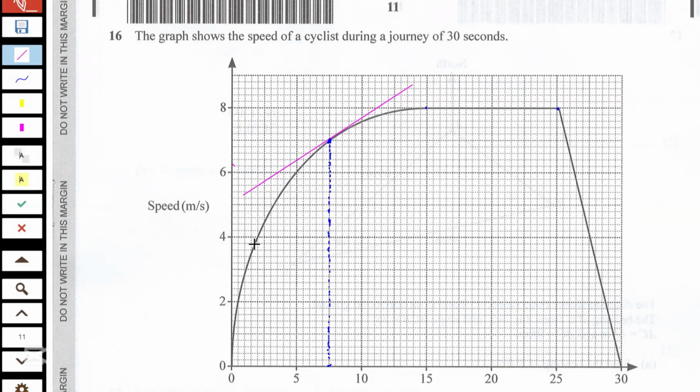From this tangent, we should be able to calculate the gradient of the curve.